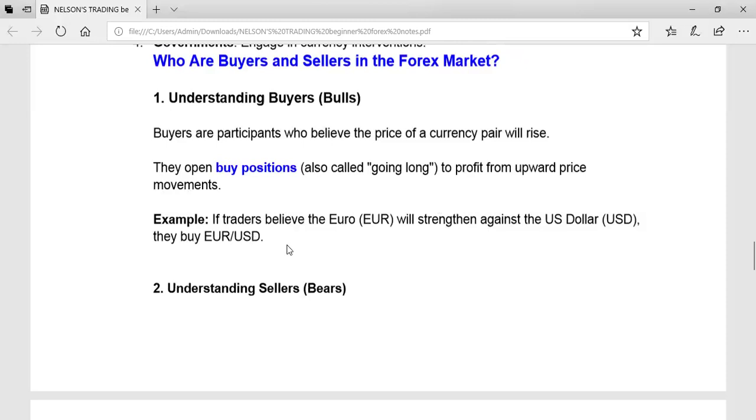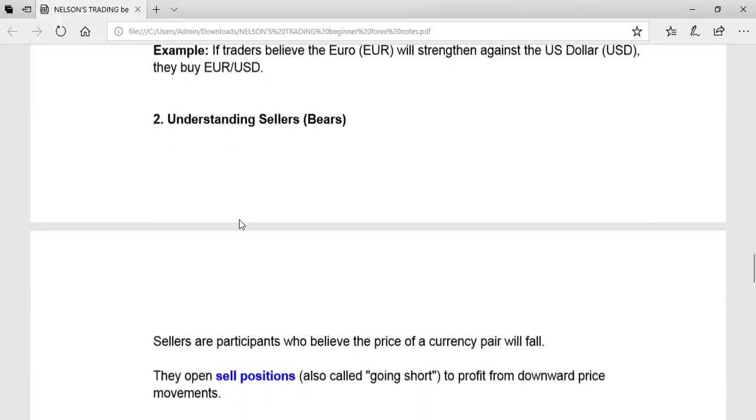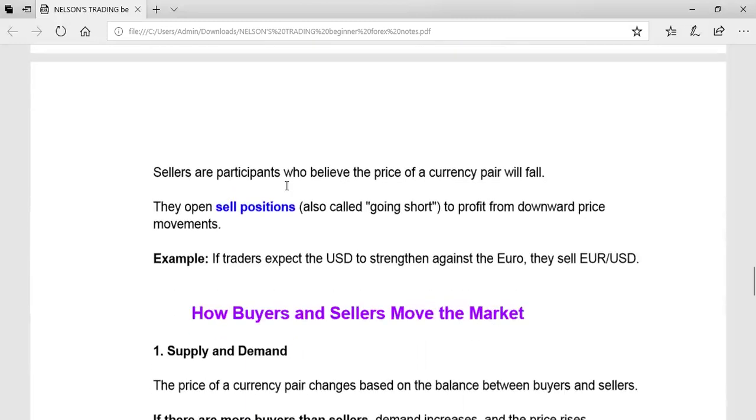I'm still explaining that in my next videos. So, understanding sellers: sellers are participants who believe the price of a currency pair will fall. So they open sell positions, also called going short, to profit from downtrend movement. For example, a trader expects the USD to strengthen against the euro. So we have EUR/USD.